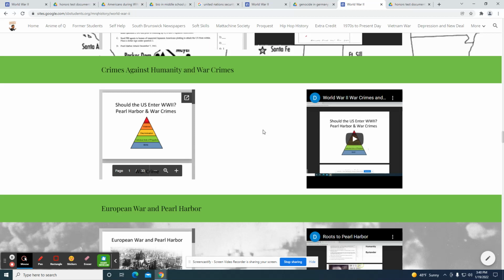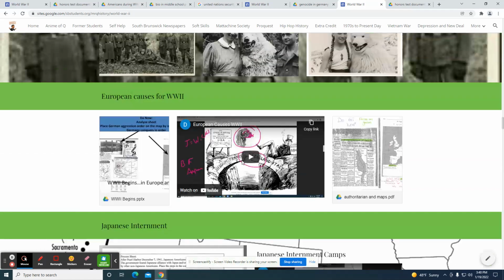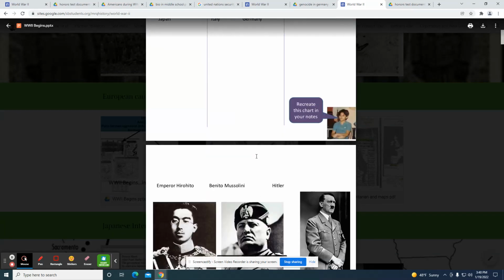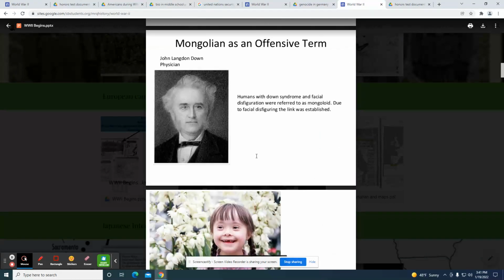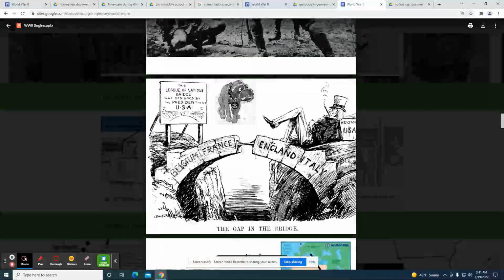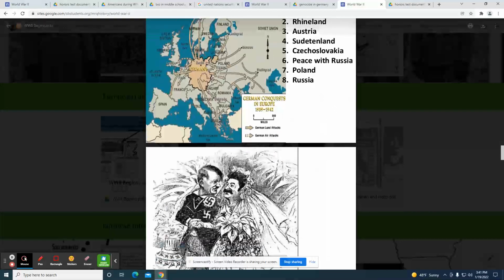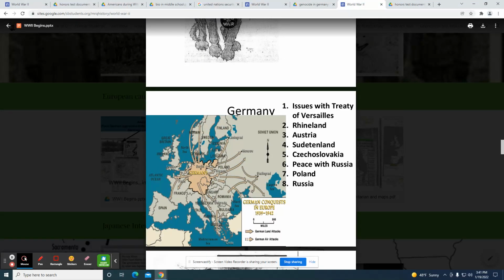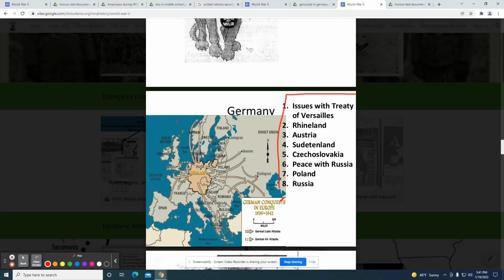Keep in mind, we want to focus on Poland being the actual cause for World War II from the German point of view. And you can take a look at this slideshow right here that's broken down by Japan's actions as well as Italy, and then finishing off with Germany. You will be asked to put these in the correct chronological order, so you want to make sure you complete that.